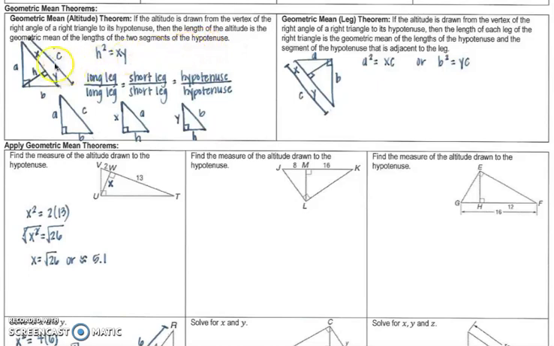So the two segments of the hypotenuse are what gets broken up. So when I draw the altitude from the right angle to the hypotenuse of the original large triangle, my broken up hypotenuse becomes x and y. The height or the altitude is h, and so this is saying that h squared equals xy.